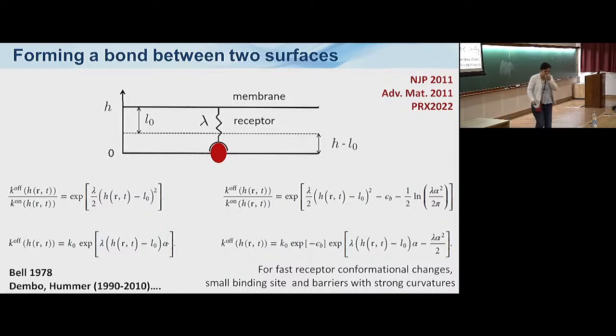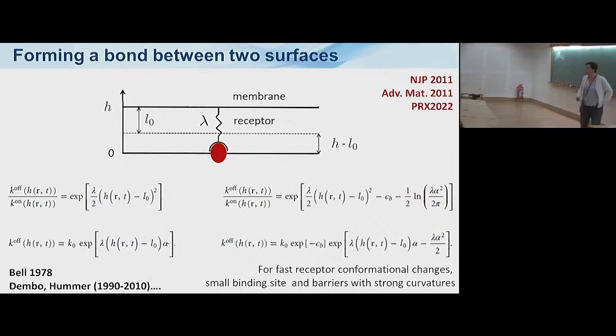Now, this was recognized long ago by Bell, Dembo, Hammer, Bongrand. There is a class of people who have understood this, and they actually wrote down these phenomenological rates. And I think pretty much anybody who has been doing biophysics for more than 5 years has used these rates, one way or another.